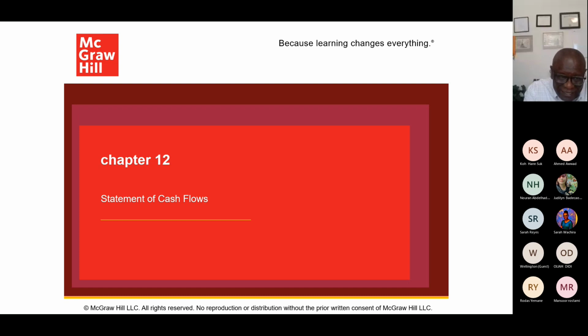Wages payable decreased 17,400. Unearned revenue increase 25,400. Then the question is, what is the net cash flow provided by operating activities? Thank you.